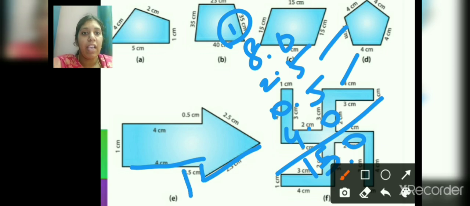So we have 15 centimeters. Clear, children? Now you can take down the solution for A, B, C, D and E. The F sum I told you to do as homework.